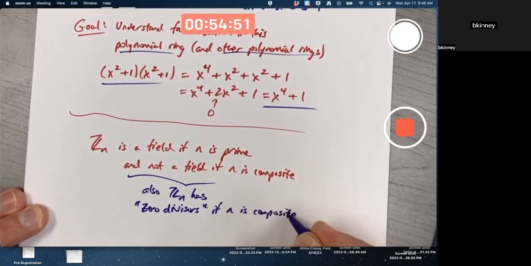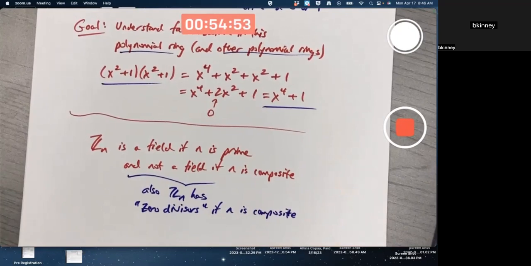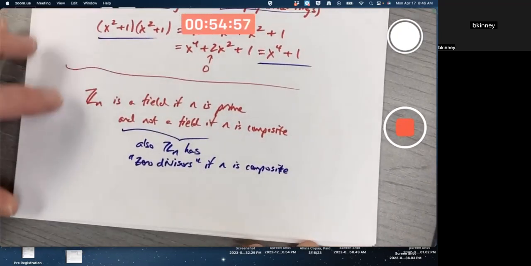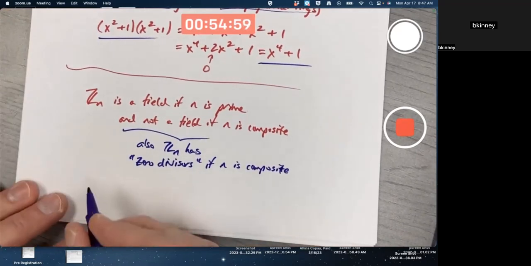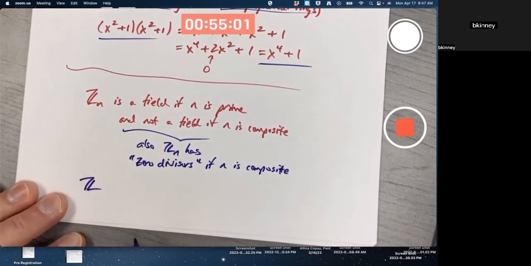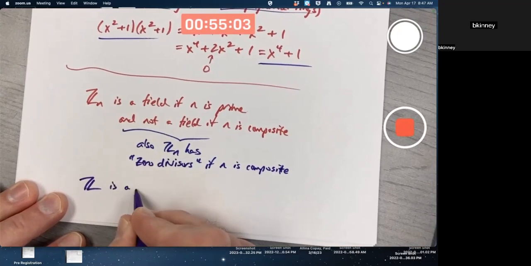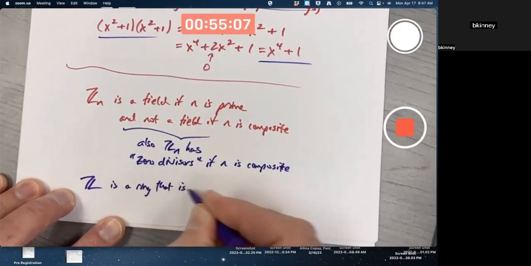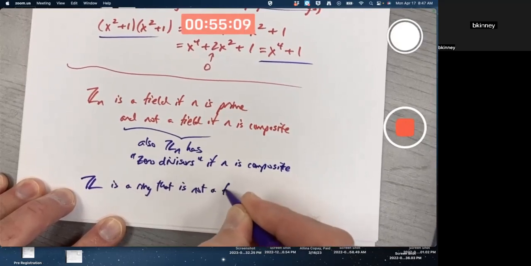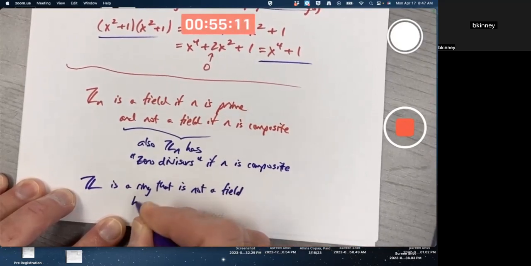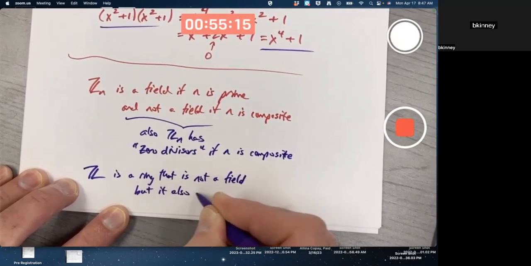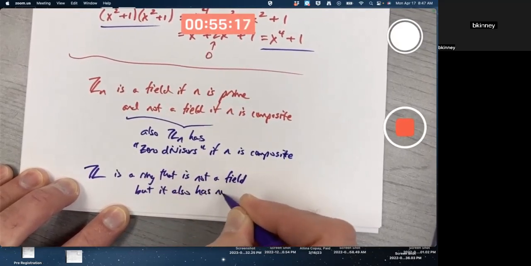There are rings that are not fields, but also have no zero divisors. The most prominent example is Z itself. Z is a ring that is not a field, but it's a nice ring. It also has no zero divisors.